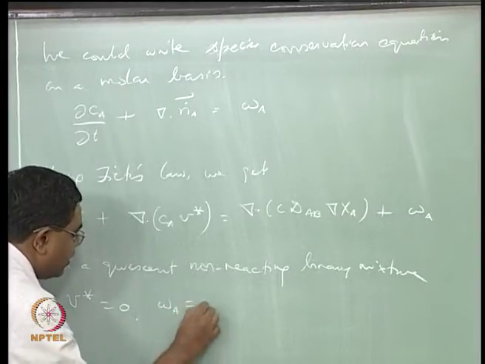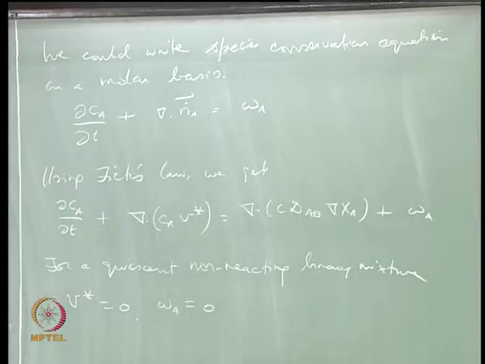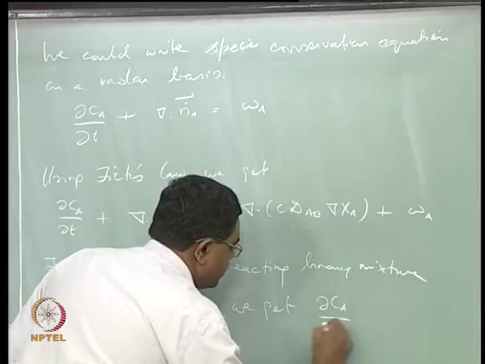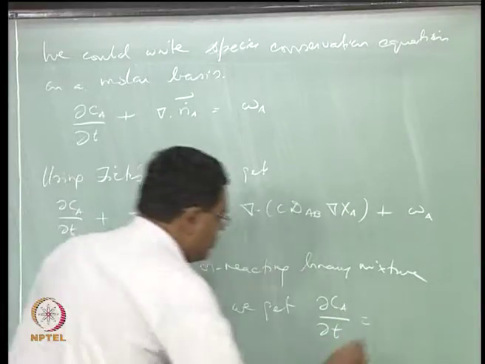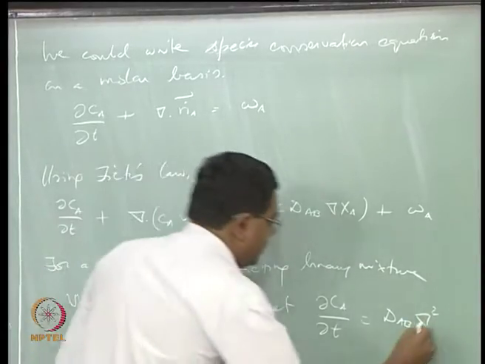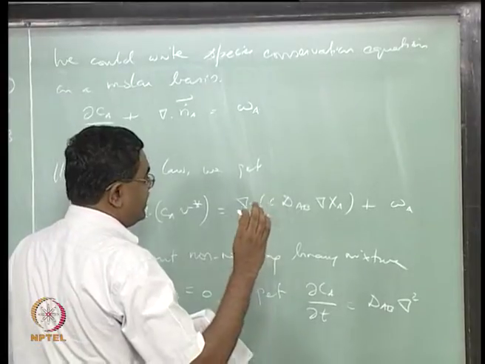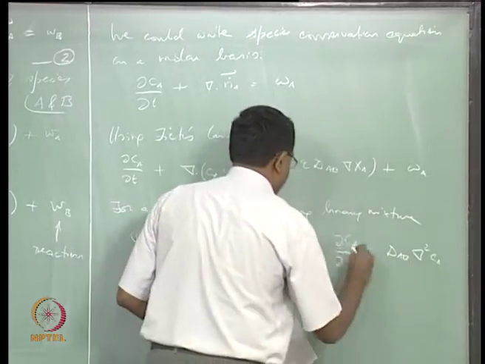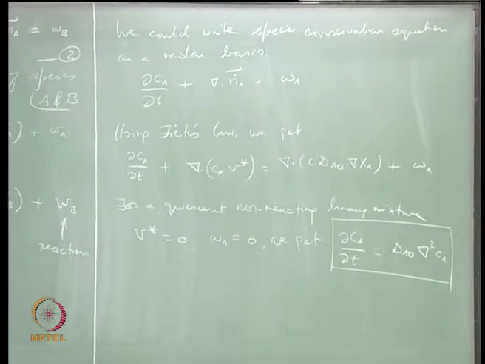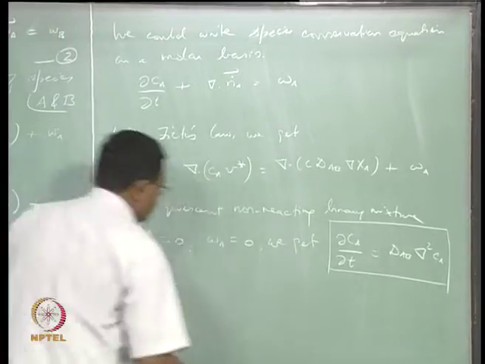Omega A equal to 0, each of those, omega A, omega B would be 0, right? So we get dou CA over dou T is equal to DAB del squared, that is Laplacian of CA, right? This is what is called Fick's second law.